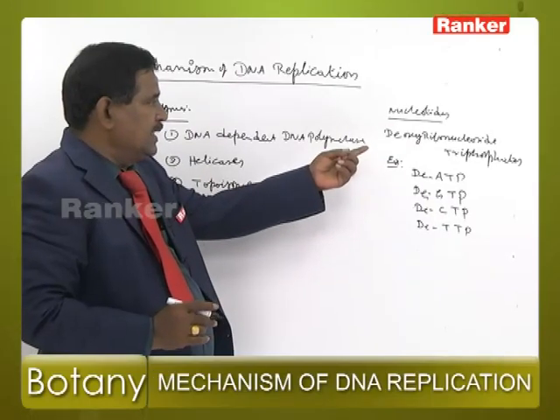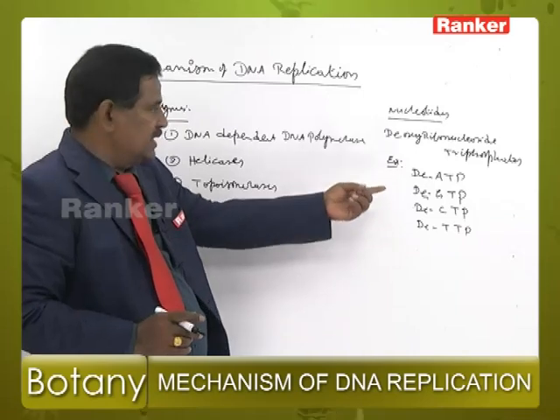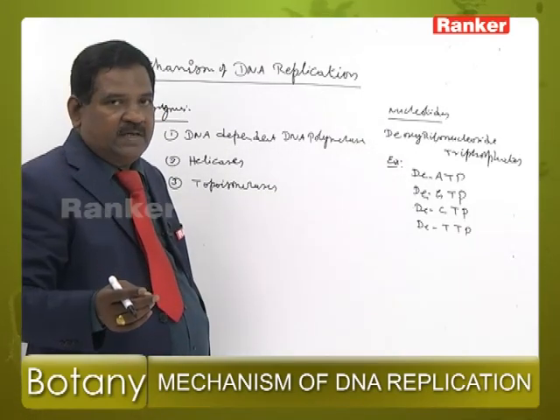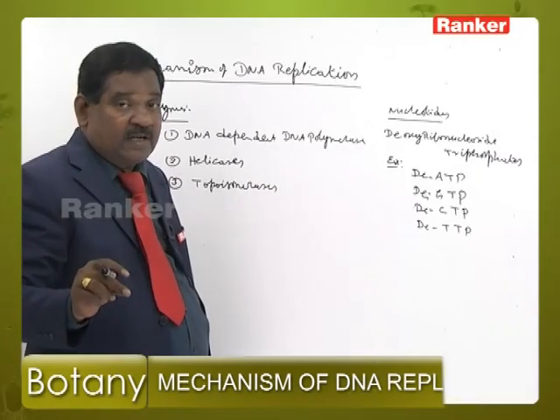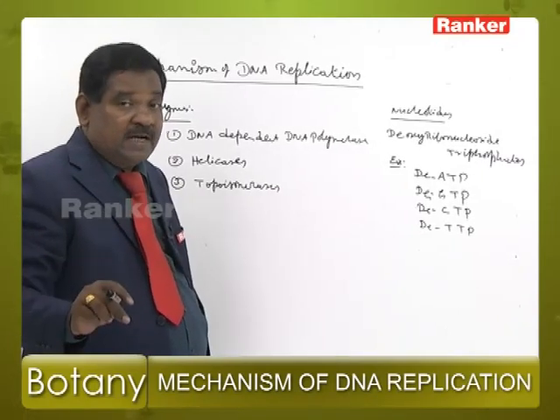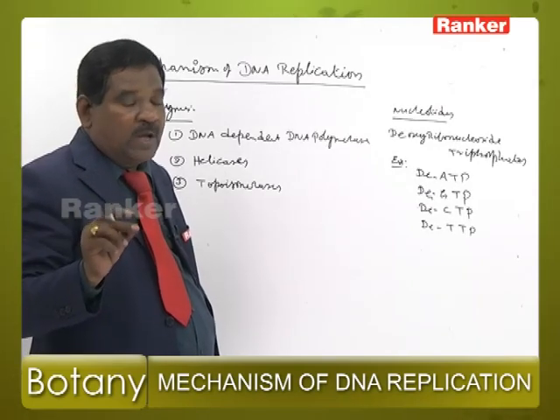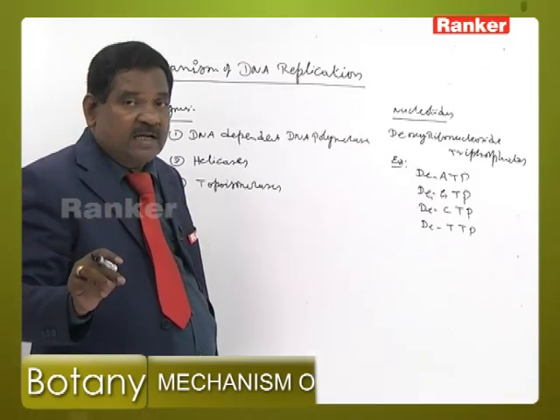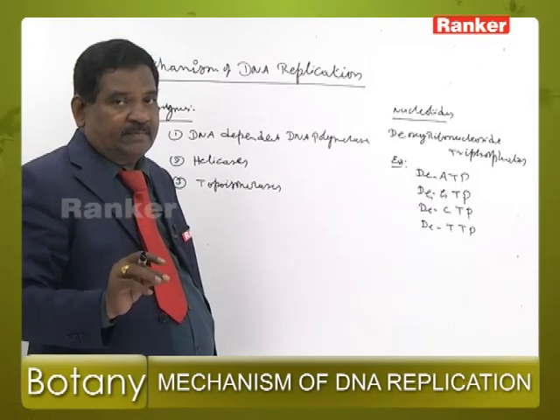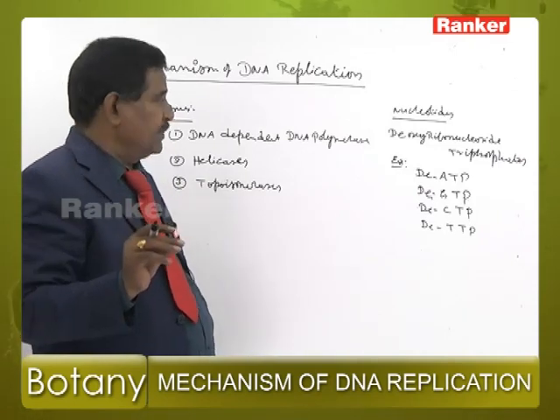These deoxyribonucleoside triphosphates, like deoxyadenosine triphosphate, deoxyguanosine triphosphate, deoxycytidine triphosphate, deoxythymidine triphosphate, play a dual role. One function is to act as substrate, another is to provide energy. How do they provide energy?